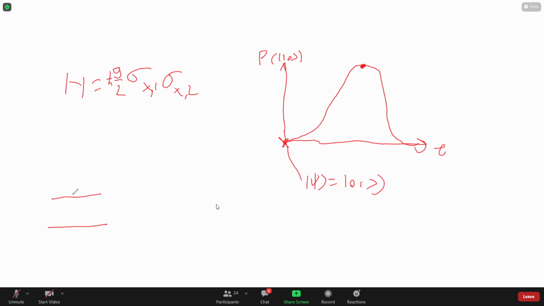The way you draw that in a circuit is like this. This is an iSWAP gate.